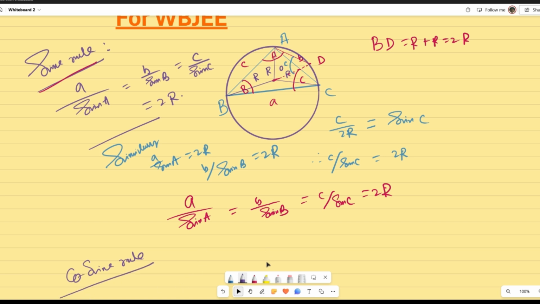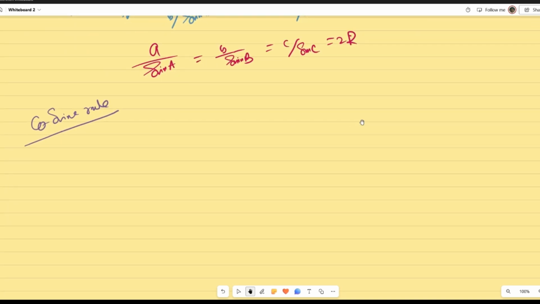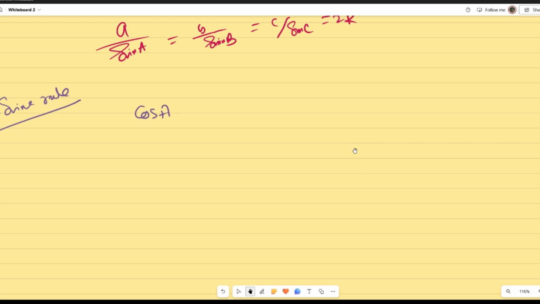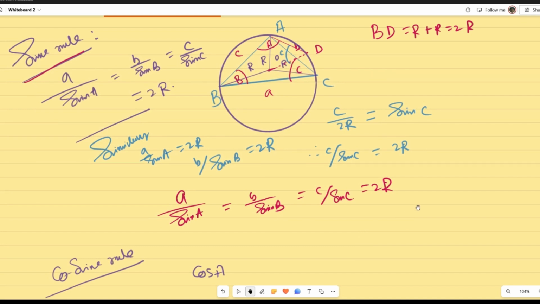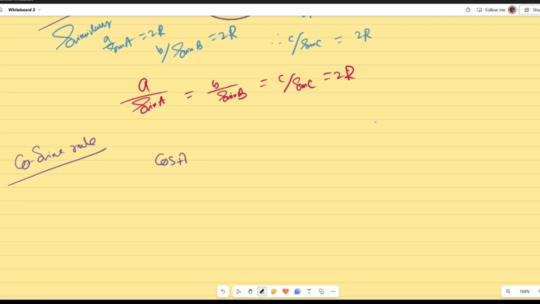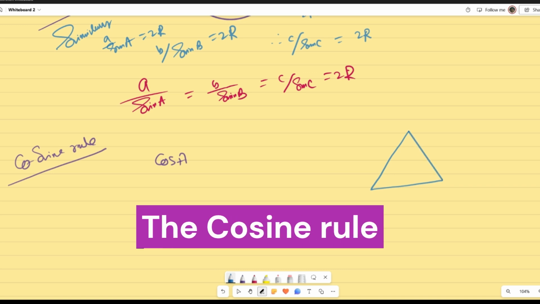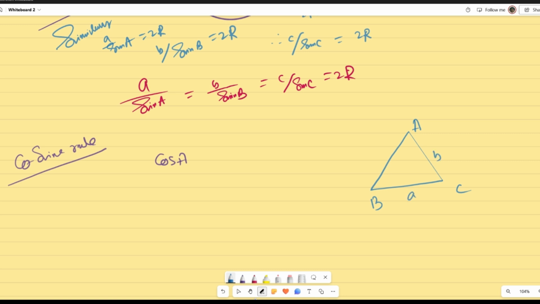I am not proving all of it because we have to solve some WBJEE standard problems. The cosine of angle A, for the same triangle that we have taken earlier, ABC.